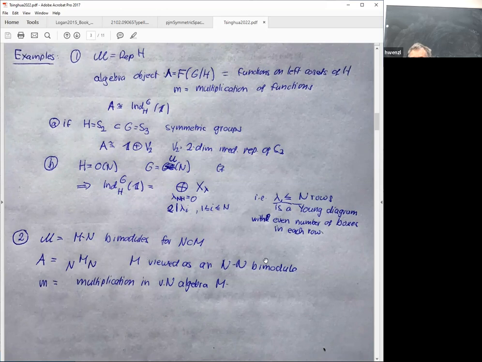So this is again an algebra object. And again, it's clear what the multiplication is. M is an algebra, so we have a natural multiplication map, which is also an N-N bimodule map. So these are two simple examples of algebras.